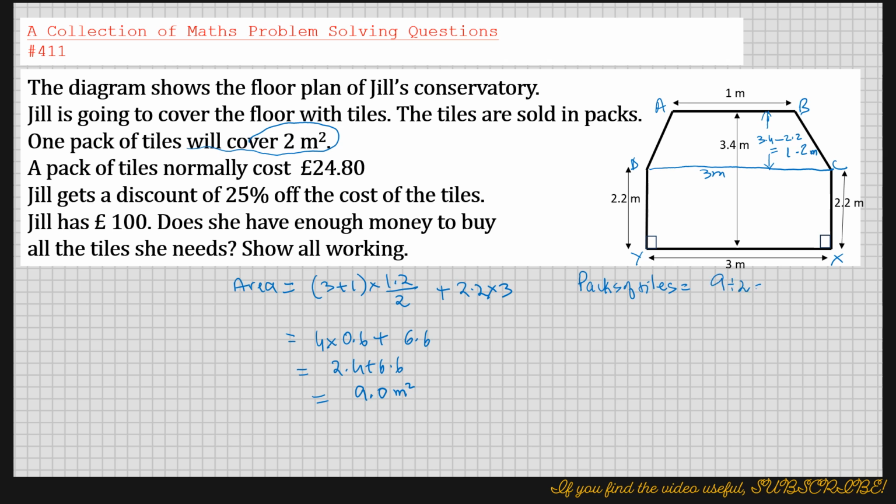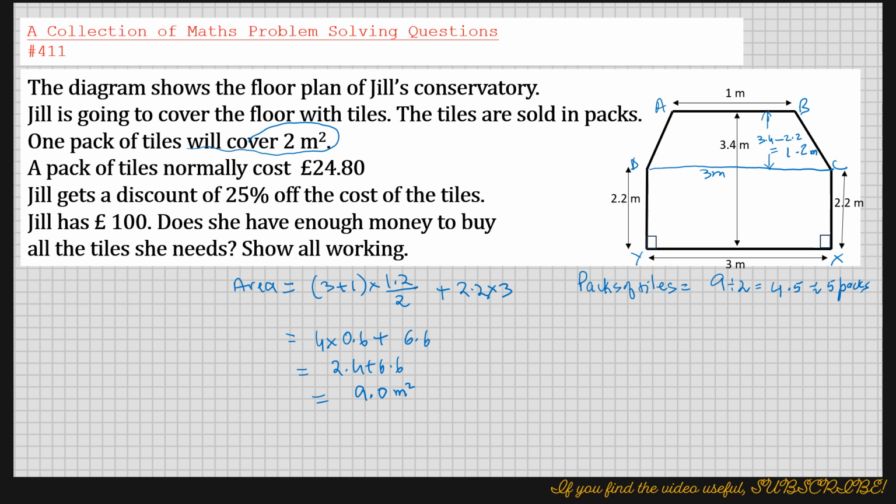That's 4.5, or approximately 5 packs to keep it whole. You can't have 4.5. So 5 whole packs she will have to buy.